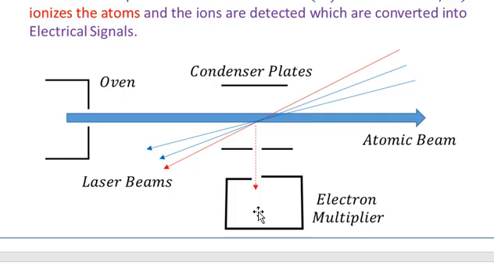So you can selectively get information about the excitation states of the Rydberg atoms by ionizing them precisely with the precise values of the electric fields applied within the condenser plates.